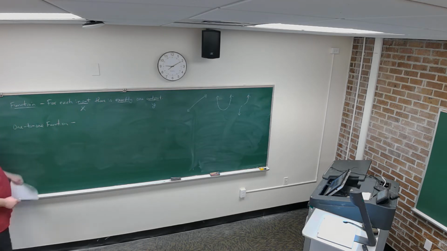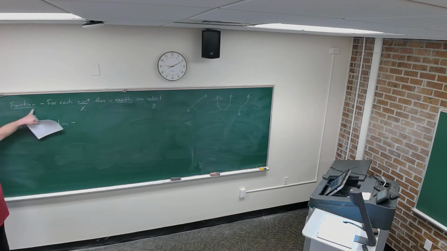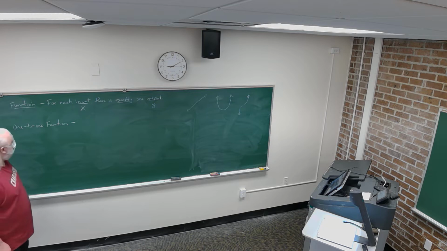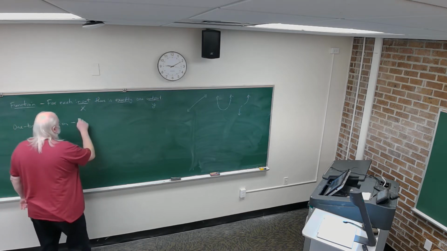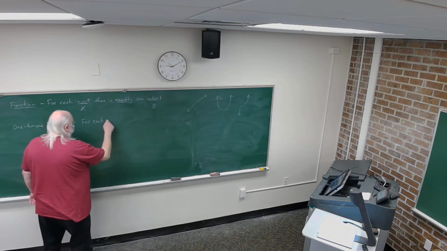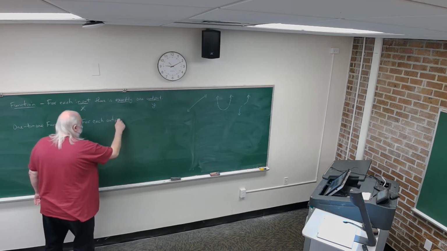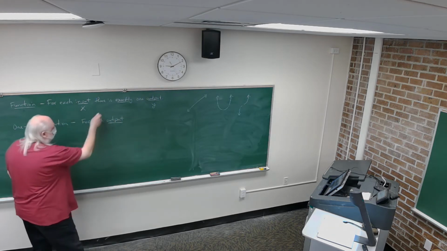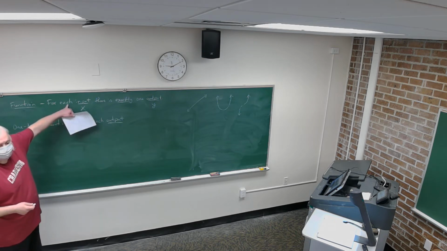Okay. So a one-to-one function has to meet the definition of a function first, okay? And then it has this additional requirement, okay? For each output, right? So I'm going to switch the words input and output in this sentence up here.